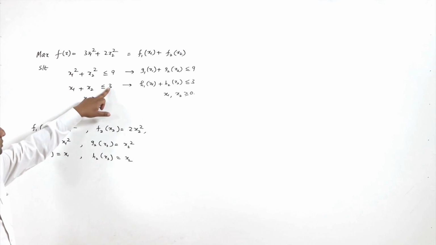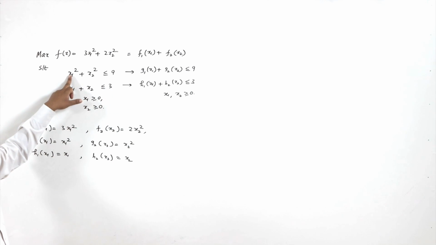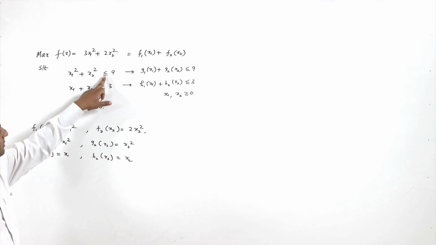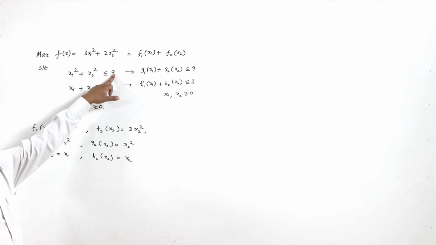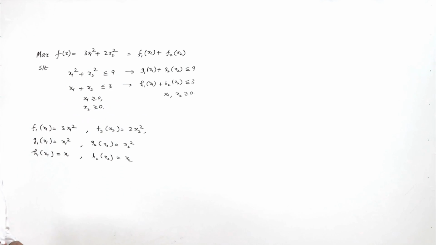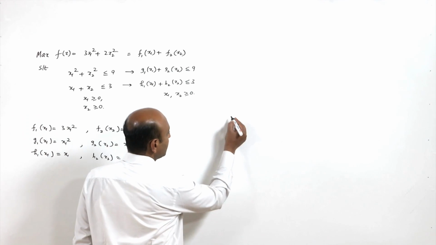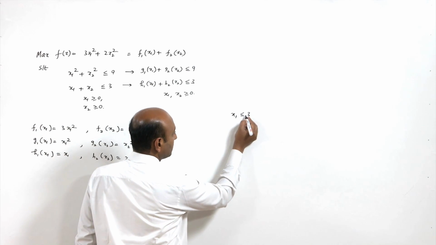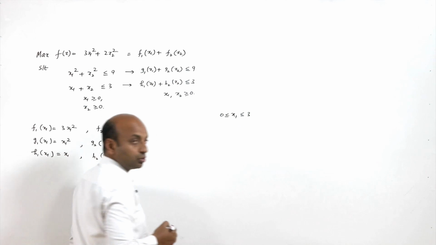If you substitute this over here, 3 square means 9, and 9 is less than or equal to 9, that is true. So, we can simply say that the bounds of x1 are 0 to 3.